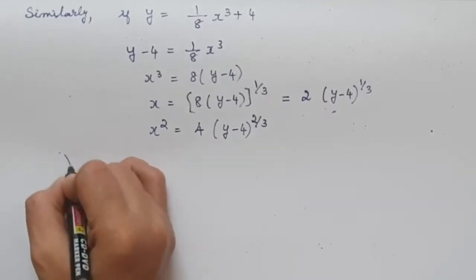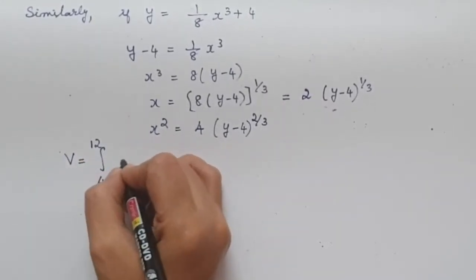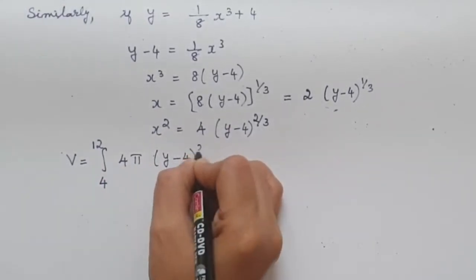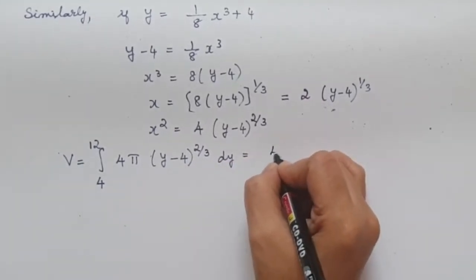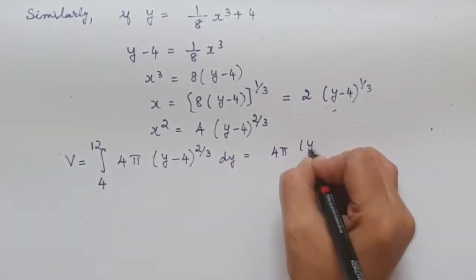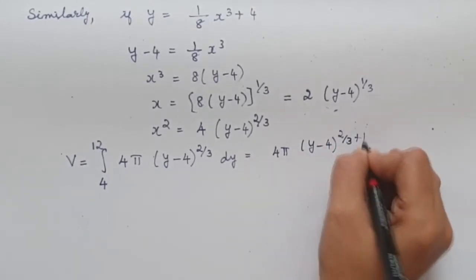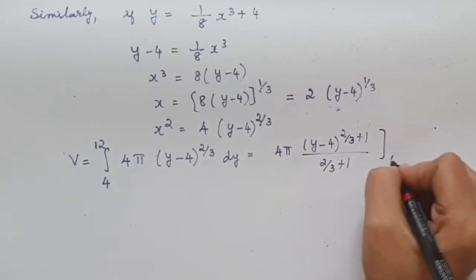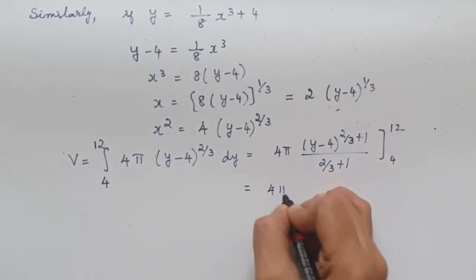So now our volume for the other curve will be, here our volume is from 4 to 12, 4 pi into y minus 4 to the power 2 over 3 into dy. So when we simplify it, it is 4 pi into y minus 4 to the power of 2 over 3 plus 1, over 2 over 3 plus 1, and the limits are from 4 to 12. So it will be 4 pi.